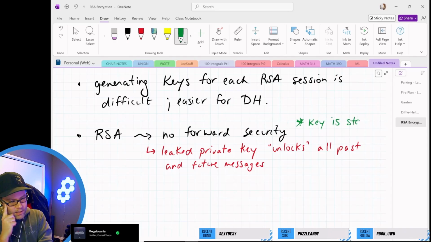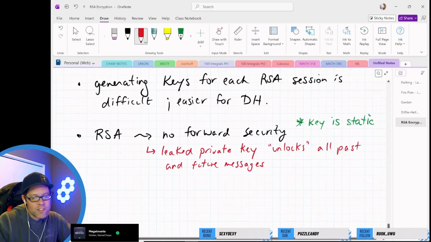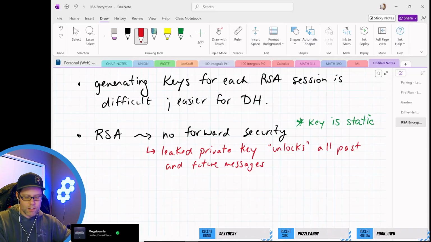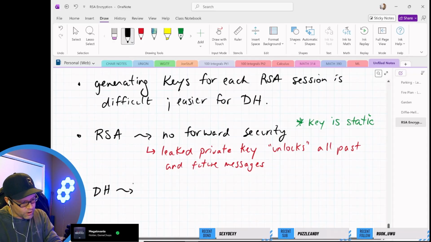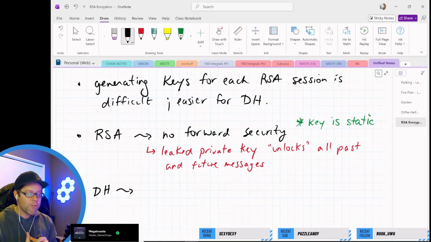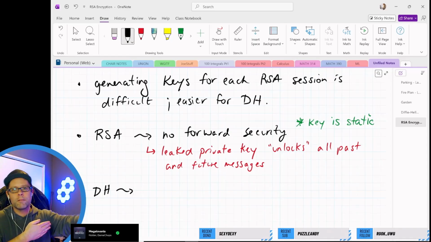So when we say the key is static, that key doesn't change very often because it's probably computationally expensive to go through that all the time. DH, on the other hand, the Diffie-Hellman key exchange, is quicker to go through that initialization procedure, so we have forward security because the DH procedure is going to update every time we do it.